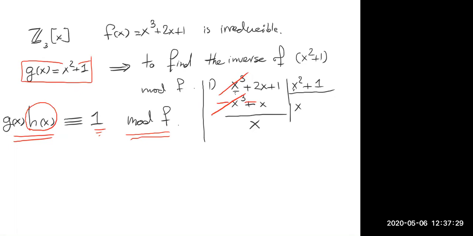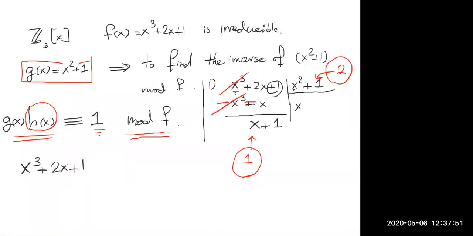There is plus 1 here. I would write it here. Now, here the degree is 1. Here the degree is 2. Whenever the degree here is less than the degree here, we should stop. Now, 1 is less than 2, so we should stop. So we divided x cubed plus 2x plus 1 by x squared plus 1.